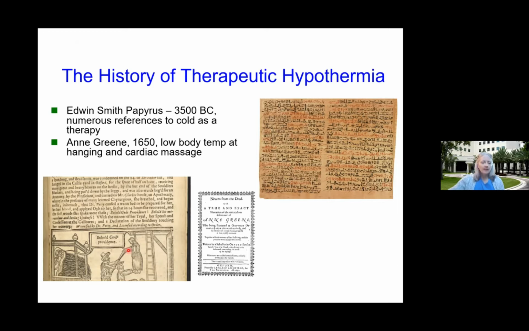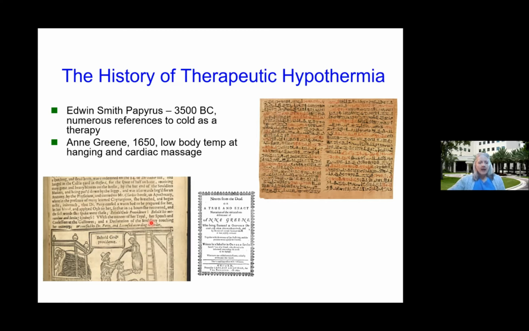And after about 30 minutes of hanging, they took her down. They figured that she was gone. But what happened was, when they took her to the University of Oxford for anatomy lesson, she started to stir. So it's thought that perhaps low body temp during hanging, as well as some type of cardiac massage, actually prevented her from asphyxiating.